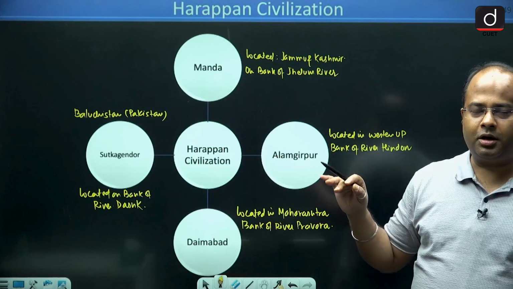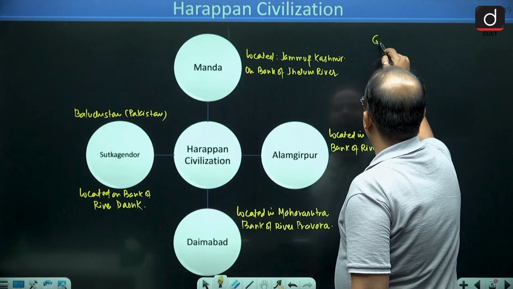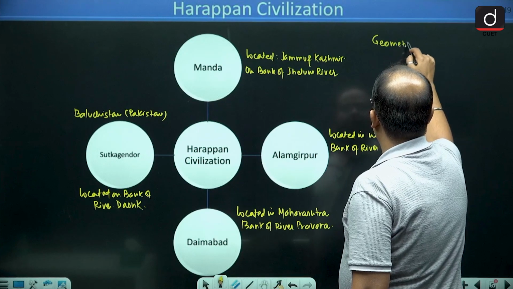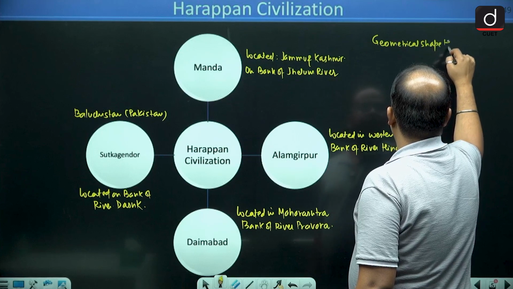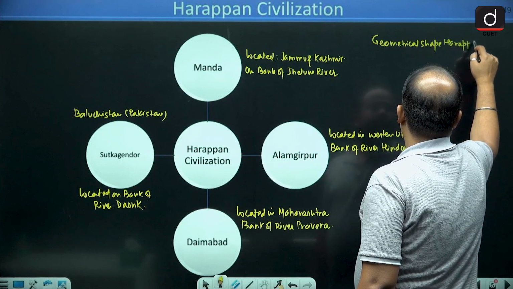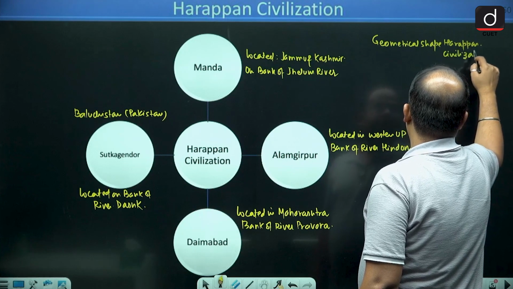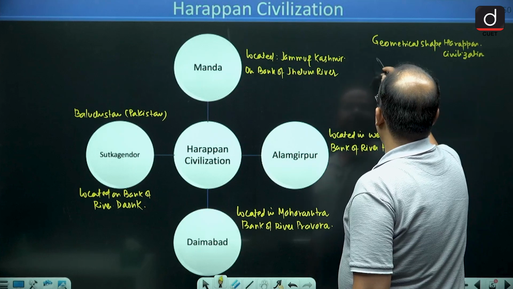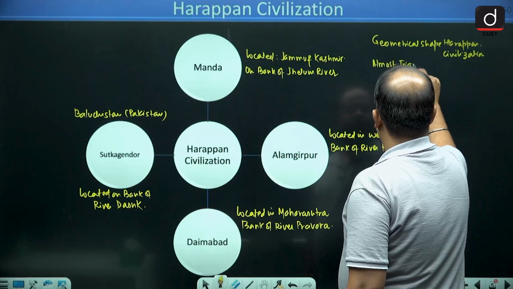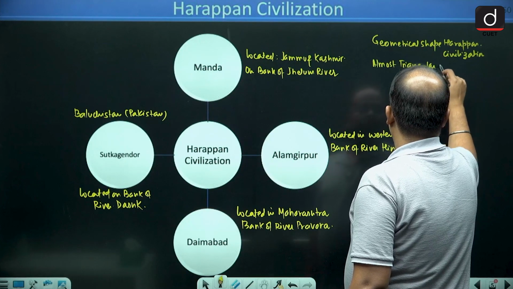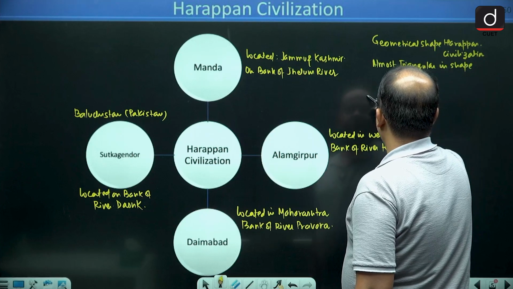And if I talk about the geometrical shape of the Harappan civilization, you will find that it is almost triangular in shape.